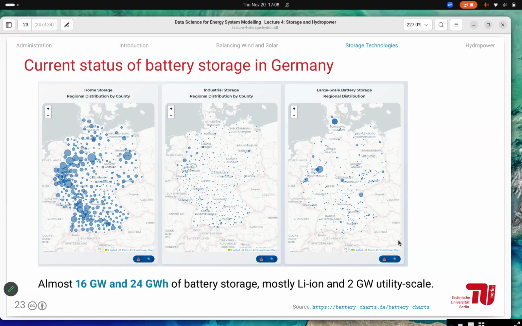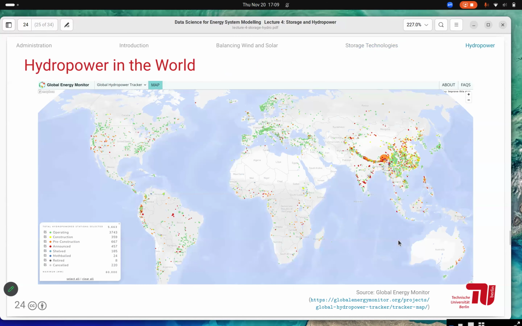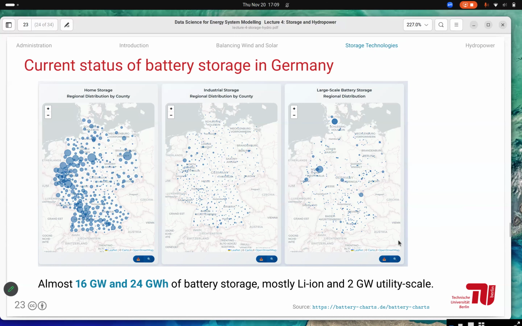So coming back to this duration of discharge or max hours of the storage, if we look at the aggregate of all the batteries in Germany, we have max hours of 1.5, because to discharge the 24 gigawatt hours of batteries at full capacity, at 16 gigawatts, it would take us 1.5 hours to run from completely full to completely empty. Okay. Any questions so far?